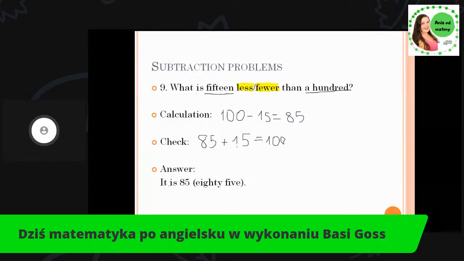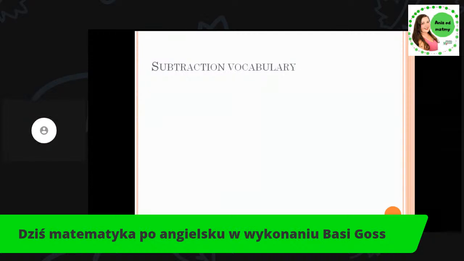And this was the last problem for today. And now we're going to talk about the vocabulary. So what words did you see in the problems? And what words tell you that you need to use minus when you're solving maths problems?